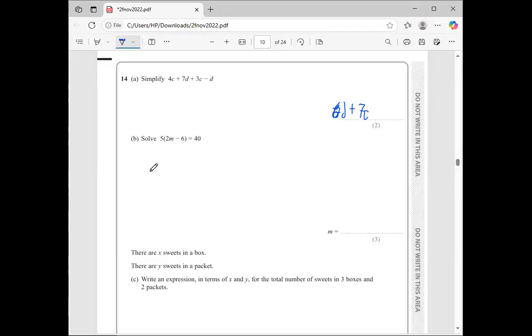So 5 times 2 is what? 10m. Thank you very much. 10m. And then minus what's the next? Minus 30. Yes. You're very correct. Minus 30, okay. Equals 40, right? Yes.